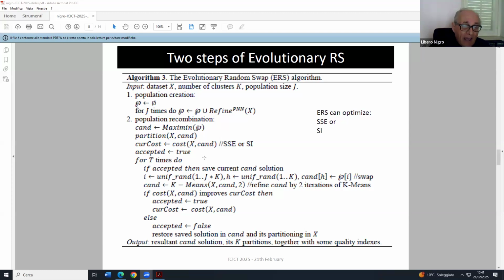All of this, confirmed by experiments, allows evolutionary random swap, which is the name of our tool, to behave better, in the sense that we can achieve a very good solution close to the optimal one in few iterations, which means goodness, and also we save time.